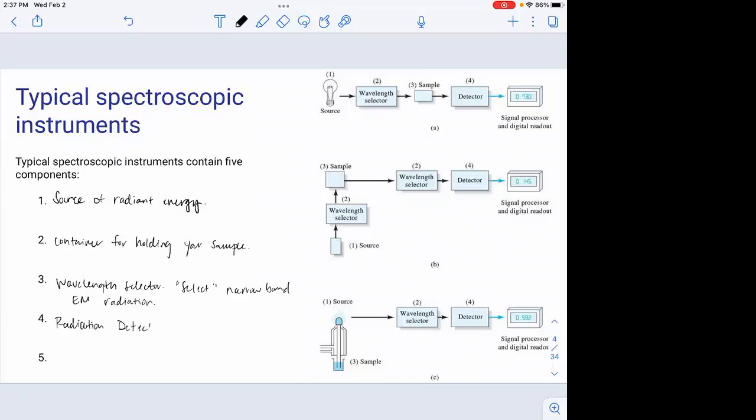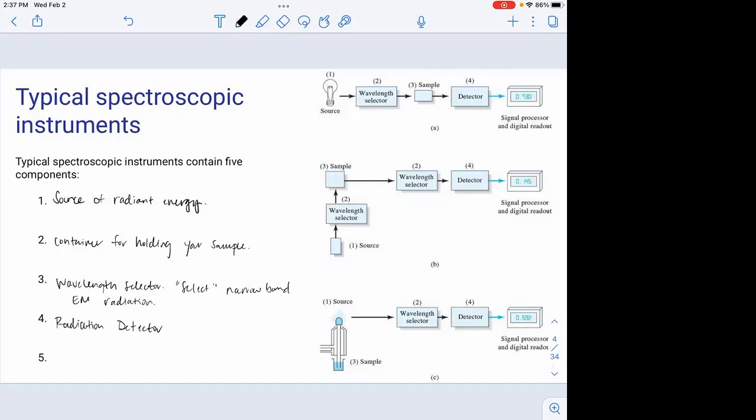I'll use an example from absorption spectrometry. The goal here is to compare the intensity of a particular wavelength of radiation before it hits a sample and then after it hits a sample, and the comparison of the intensity of those two signals tells you how much light was absorbed by the sample that comes between those two measurements.